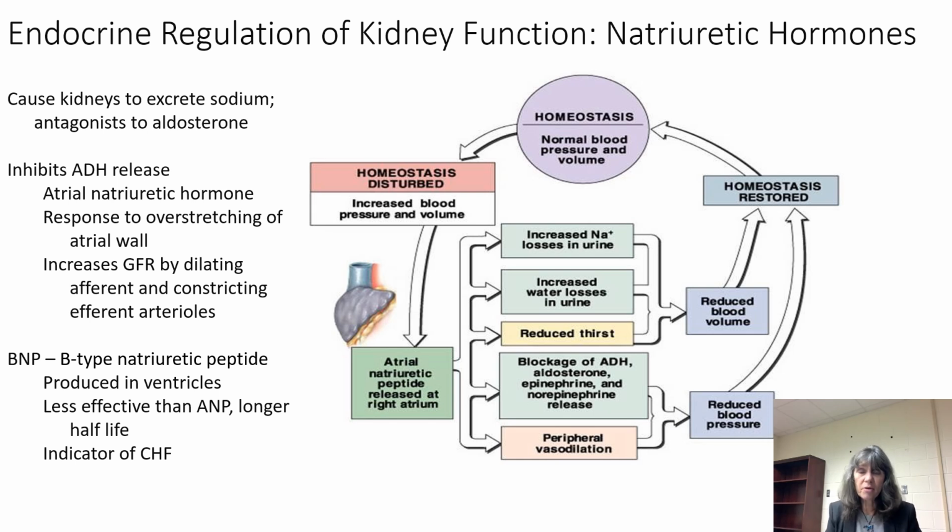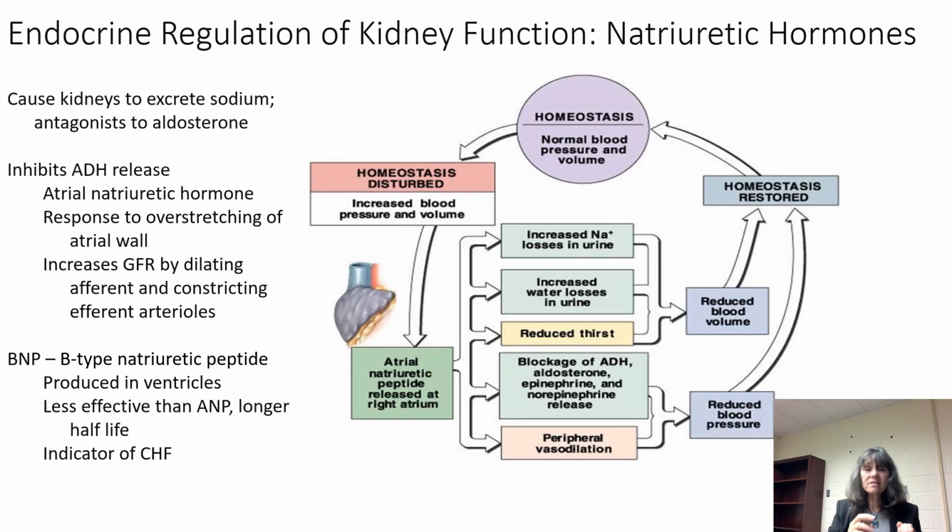Atrial natriuretic hormone is a big player in terms of natriuretic hormones because it will be released by the atria in response to their being overstretched. If the atria have too much blood in them, they think there's too much blood volume in the system, and they'll release atrial natriuretic hormone, or atrial natriuretic peptide hormone, sometimes it's referred to, in response to that overstretching.